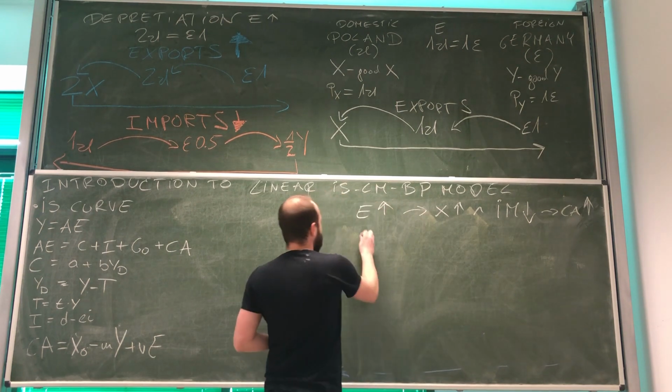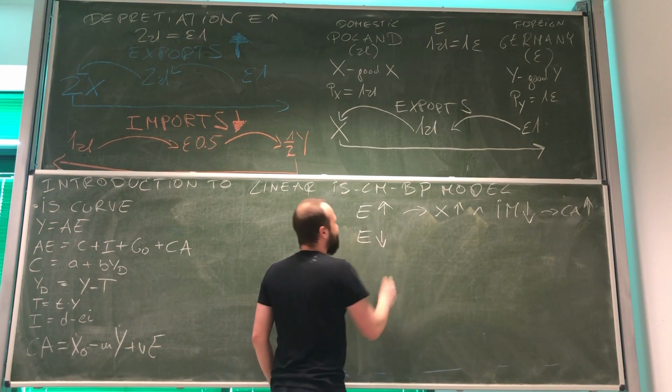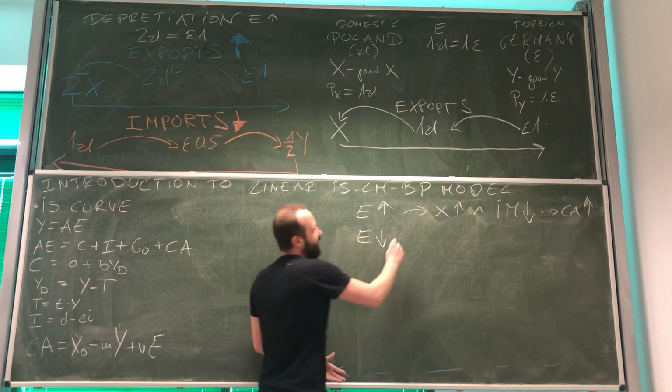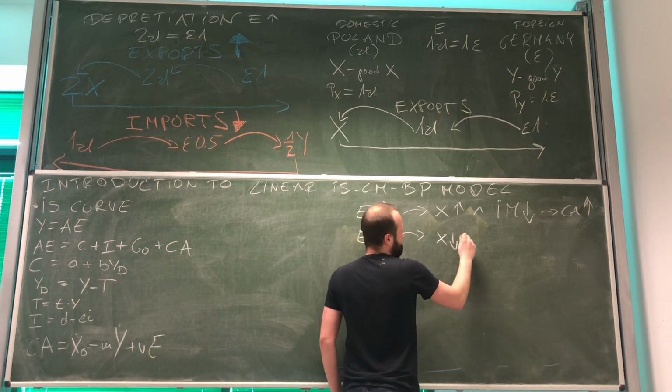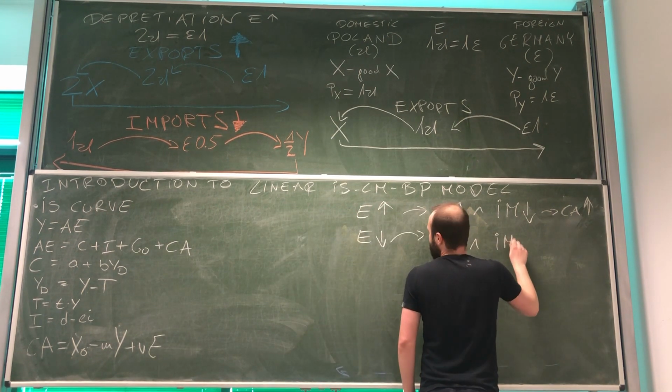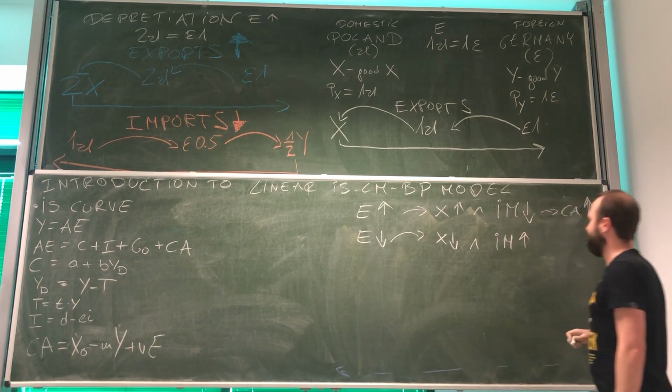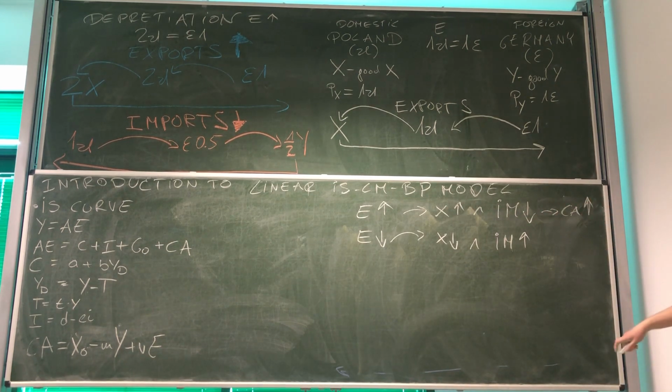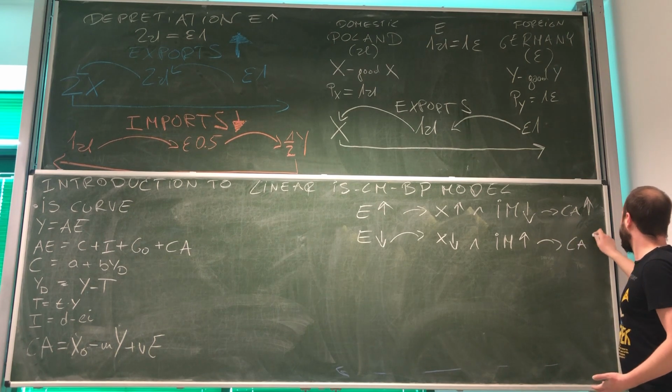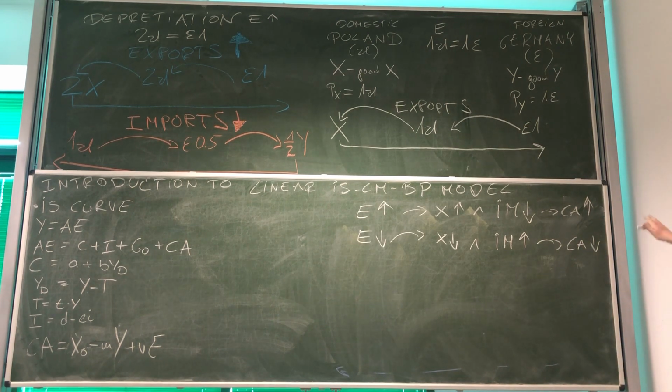And of course, in the opposite direction, if the exchange rate is appreciating, we should expect lower exports and higher imports. Now our currency is worth more, so we will observe an actual fall in the current account.